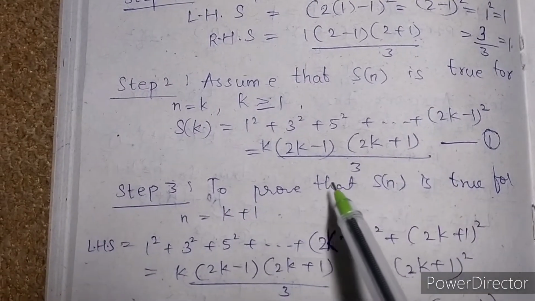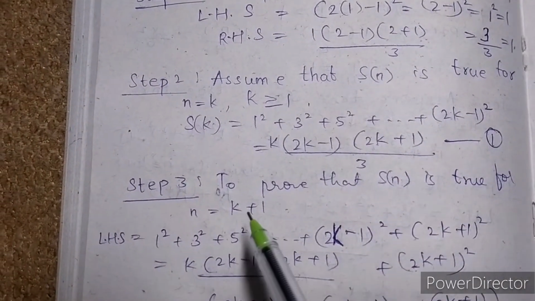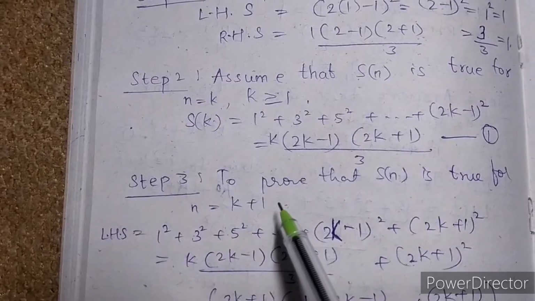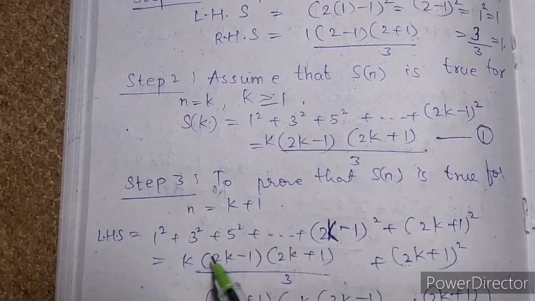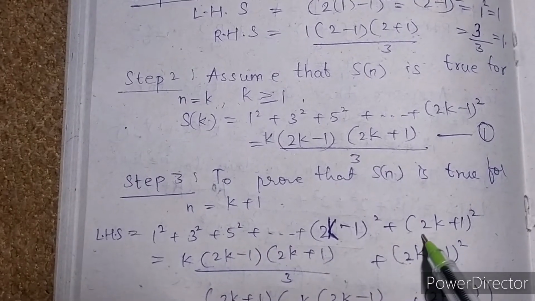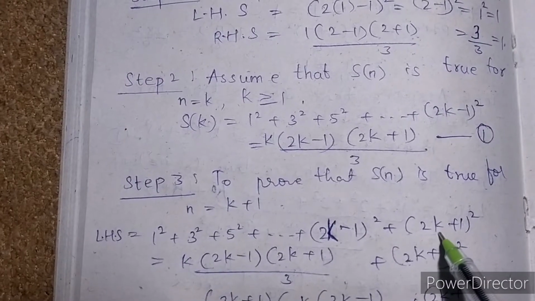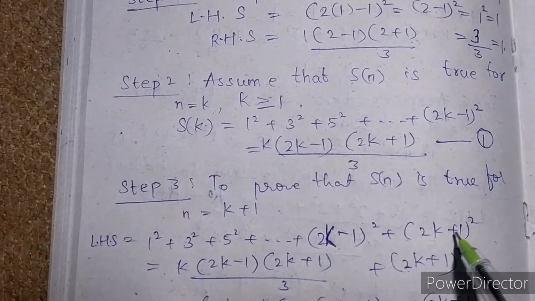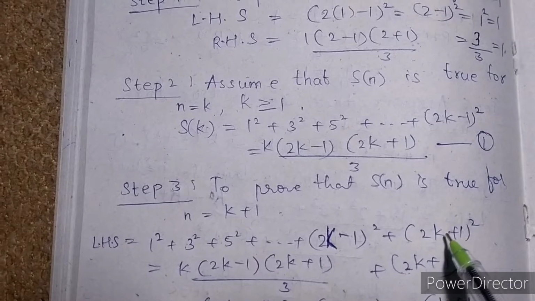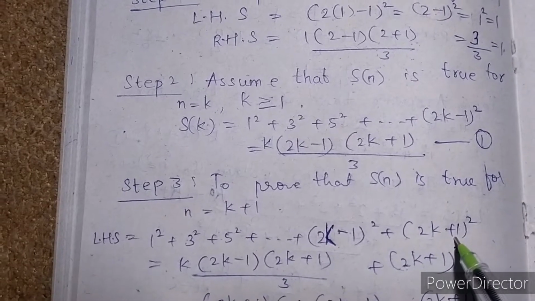Now we have to prove that S of n is true for n equals k plus 1. Here we have taken till k, here we will be taking till k plus 1 instead of k, that is 2 into (k plus 1) minus 1, that means 2k plus 2 minus 1, that is 2k plus 1, right?